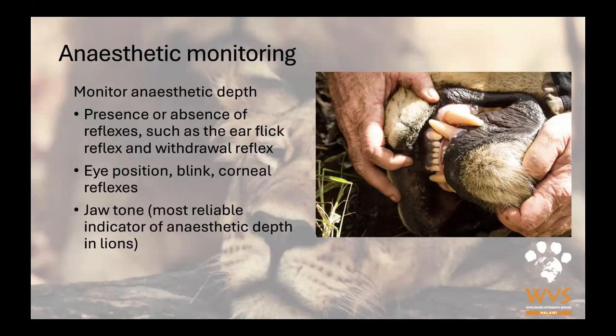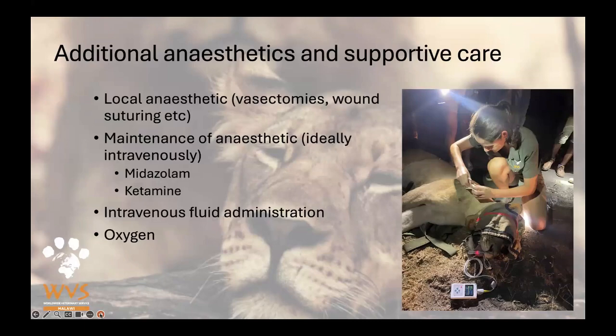In my experience, the heart rate usually stays steady at 60. The respiratory rate is usually between 12 and 16. Hardly anything changes there. The jaw tone is a very reliable part of the anesthetic monitoring, and it's very important that we keep an eye on that.